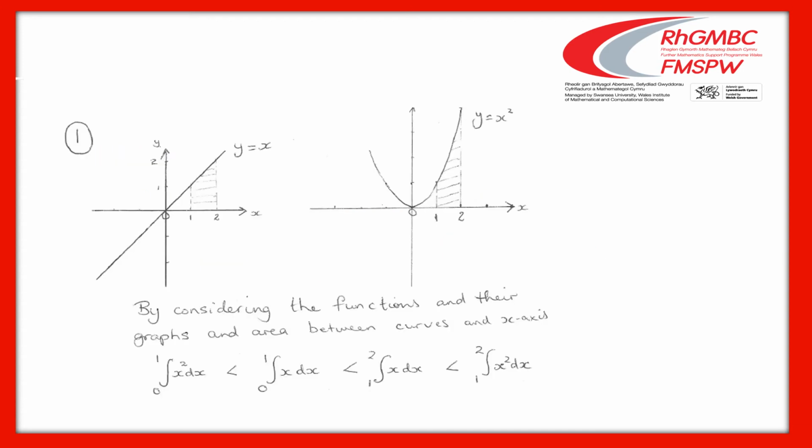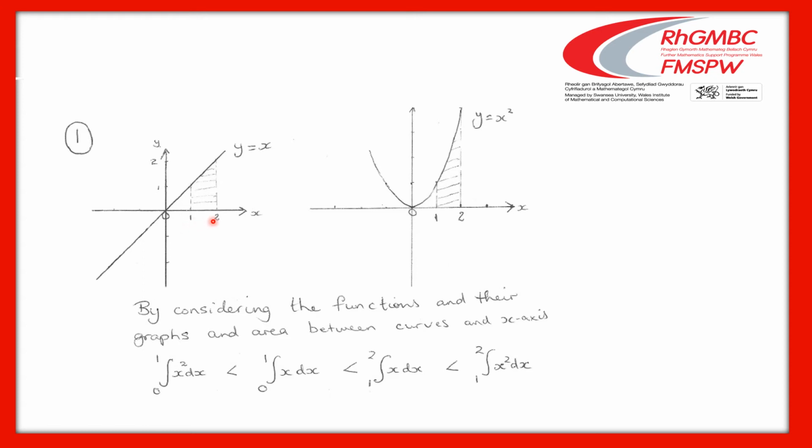So without doing the calculations, you can use the areas to find out which one is the largest. If we have a look at y equals x between 0 and 1 and compare it to y equals x squared between 0 and 1, then the y equals x integral between 0 and 1 is larger.